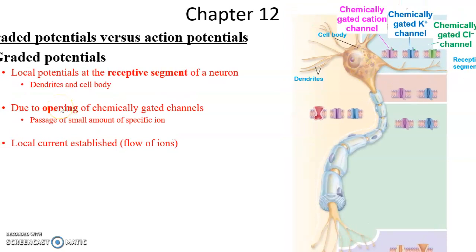Now, what kind of transmembrane proteins can open to change the charge across the membrane varies based on what part of the neuron you're talking about.